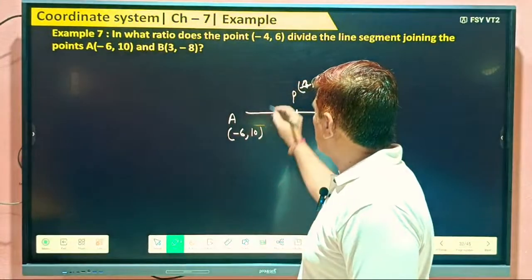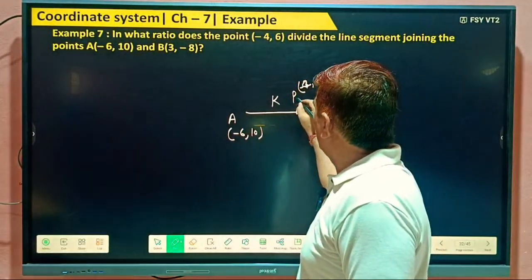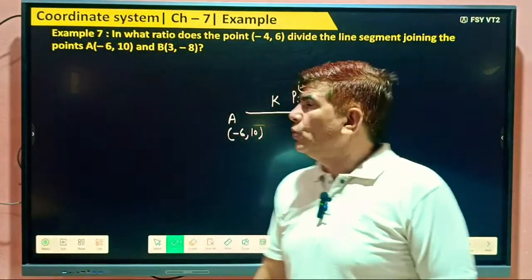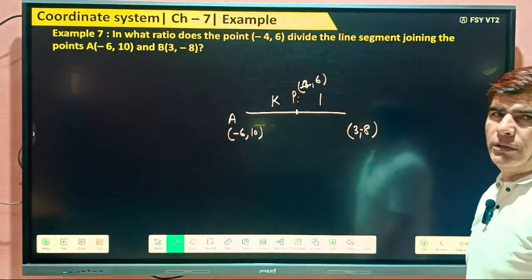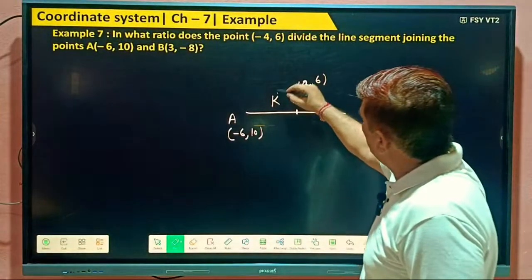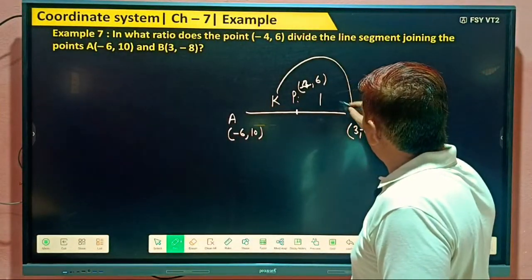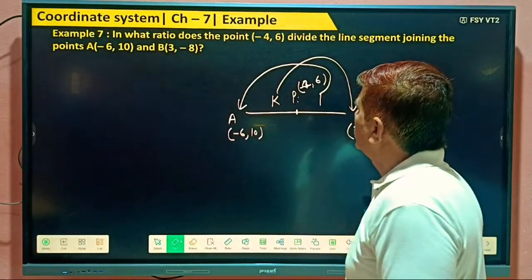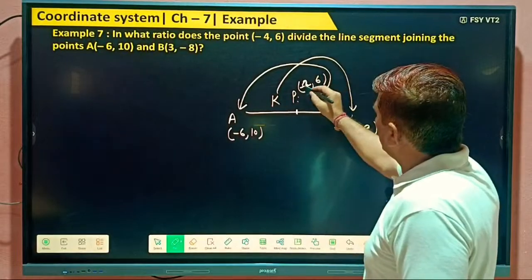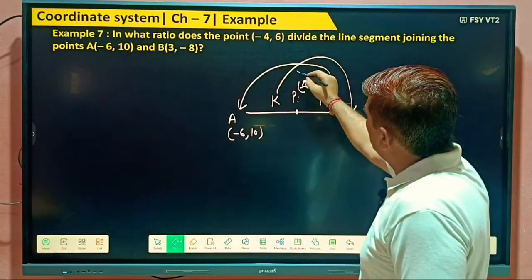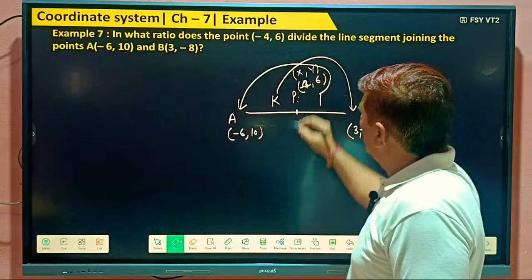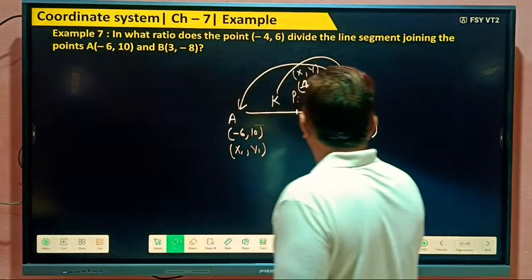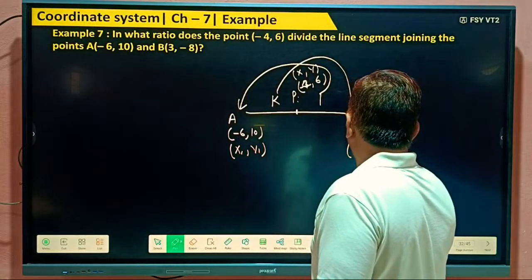In this type of question, we can directly say, let this point P divide these in the ratio K raised to 1. The formula you know, this into this and this into this. This is x, this is y, this is x1, this is y1, this is x2, this is y2.